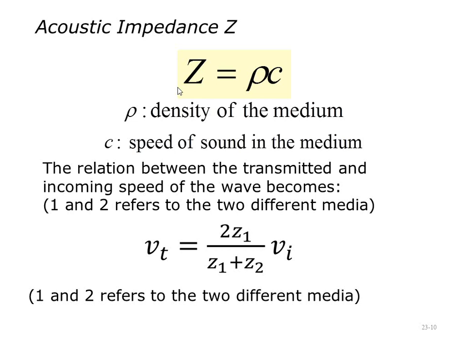It depends mainly on the medium. Therefore, we can write this equation: Vt equals 2Z1 divided by Z1 plus Z2, times Vi, where Z1 is the acoustic impedance of the first medium and Z2 is the acoustic impedance of the second medium.